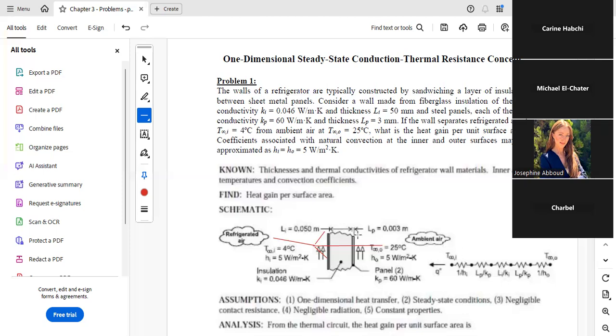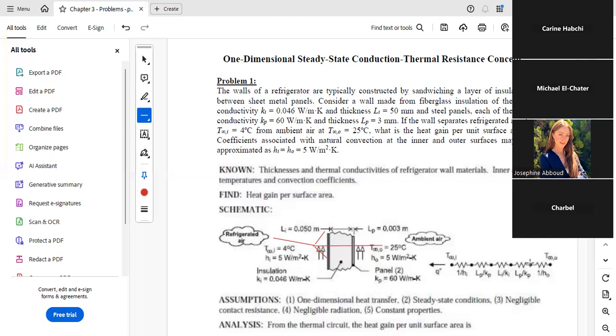So we have 3 layers of solid, and we know that through solids, heat will transfer by conduction. So we have to put 3 resistances: for the first layer, L over K characterizing the first layer, L over K for the second, L over K for the third, and finally, we have convection to the inner side, 1 over H.